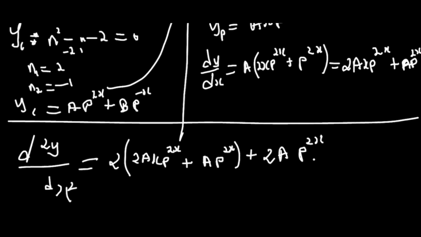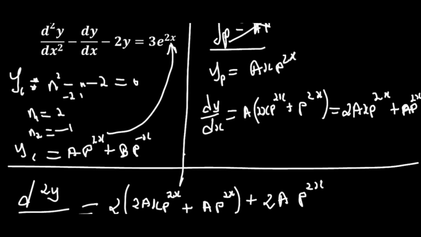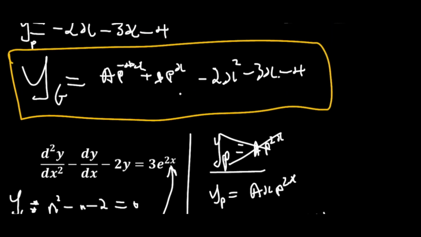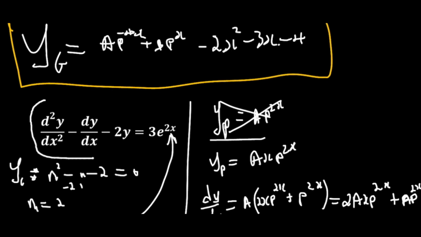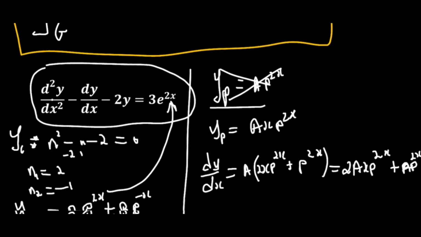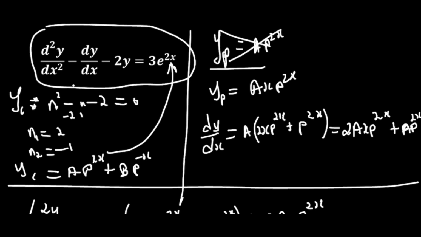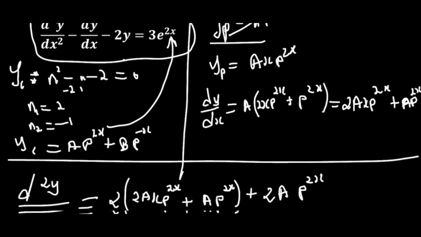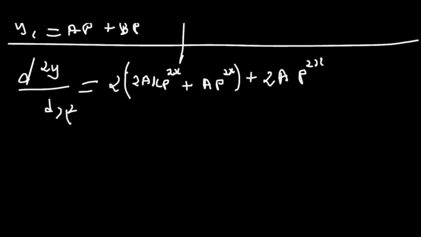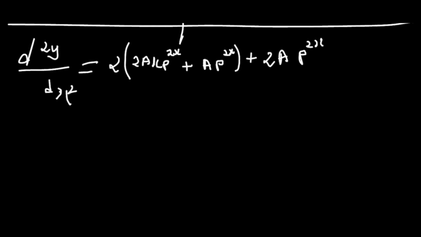What we need to do now is take the second derivative, the first derivative and y, and put them in our equation to get our corresponding values. So the second derivative, simplified, is 4ax e to the power 2x plus 2a e to the power 2x plus 2a e to the power 2x.